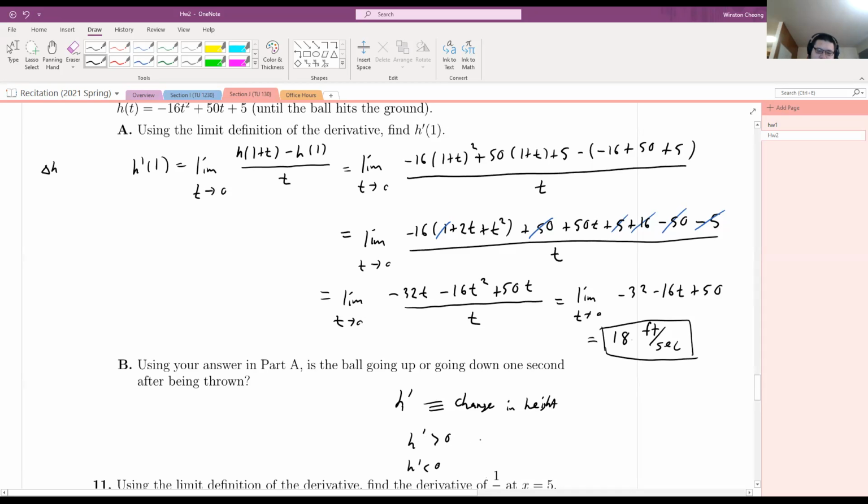If it's positive, then the change in height is positive, meaning that the height is increasing. Versus if the derivative is negative, that means that the height would be decreasing. Clearly 18 is a positive number, which means that the height is increasing, meaning that the ball is going up. So yes, for this problem, the ball is going up.